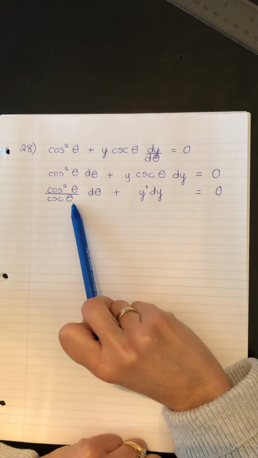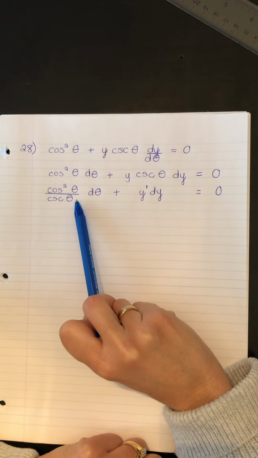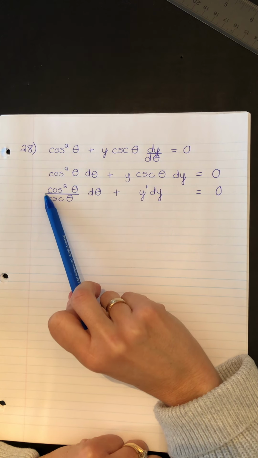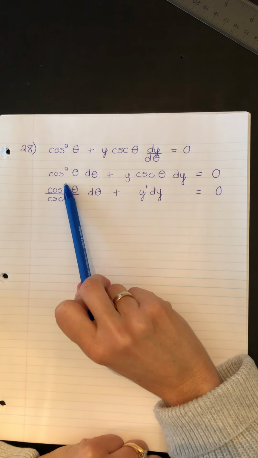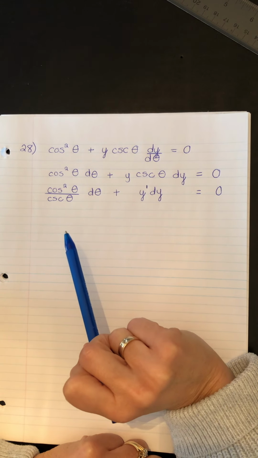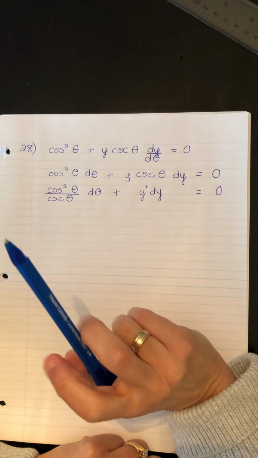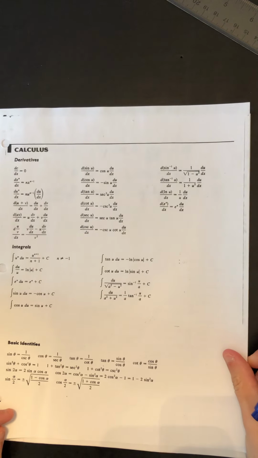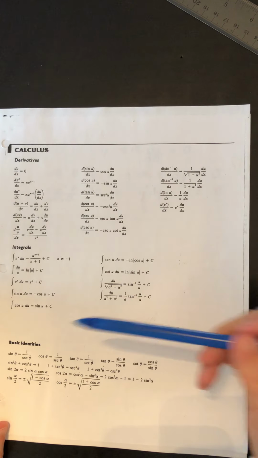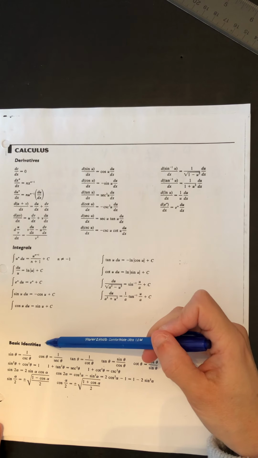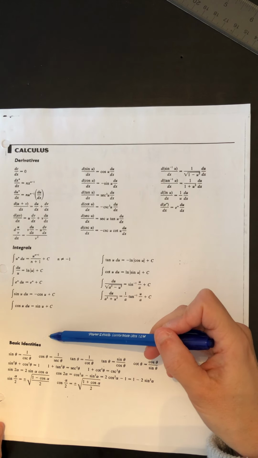What about this guy? A little more challenging, certainly. Maybe we'll play around with this a little bit. This is the same as cos squared theta times 1 over cosecant theta. But 1 over cosecant theta, you should recognize as something more basic, from the identities included in the inside cover of your textbook.